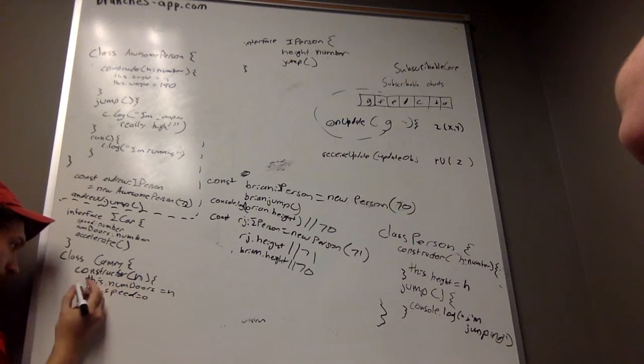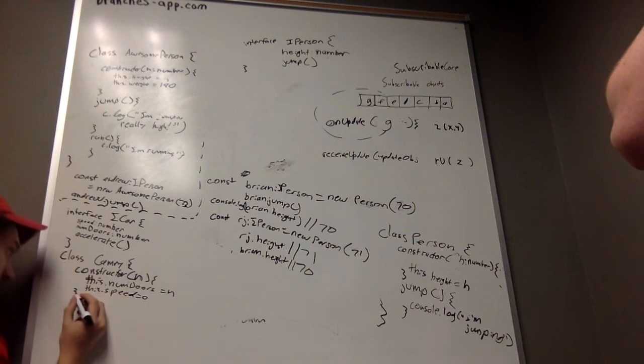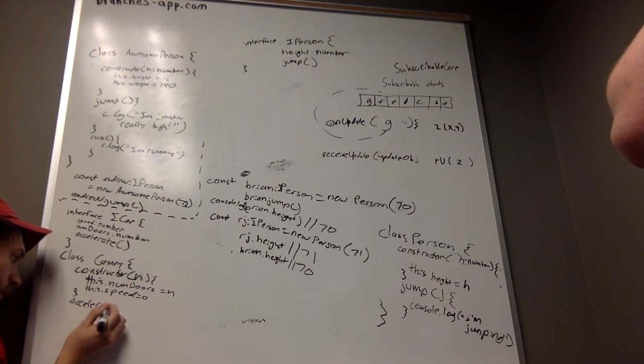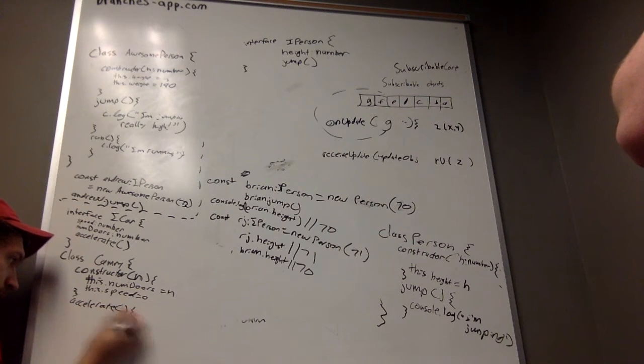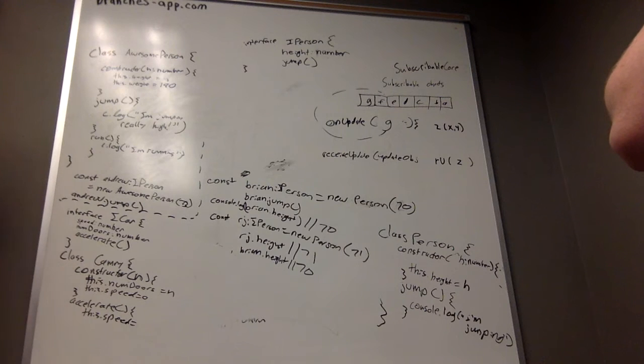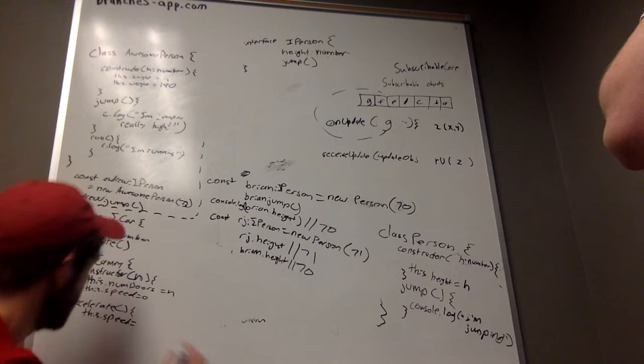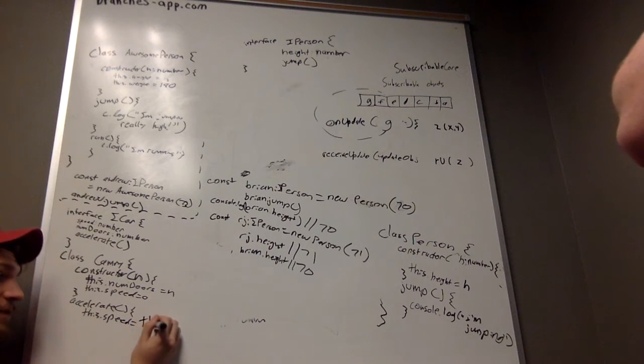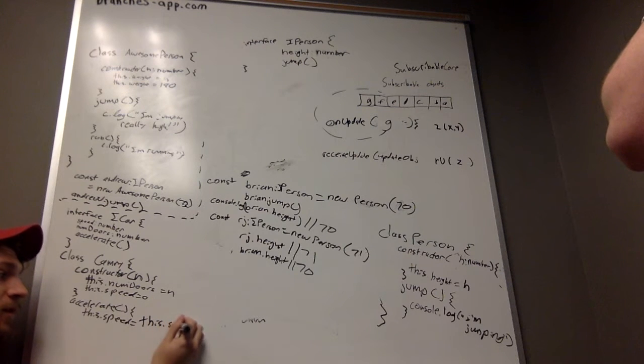And then we're going to define a function called accelerate. What it's going to do is say that this.speed is equal to the old value of this.speed plus 5.